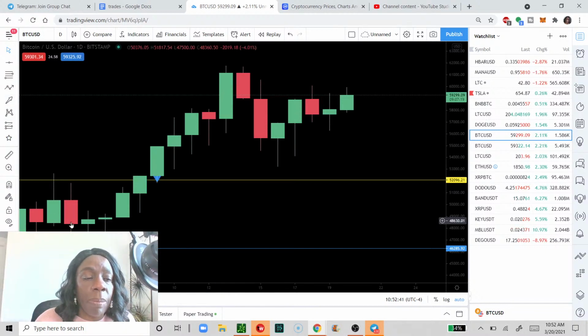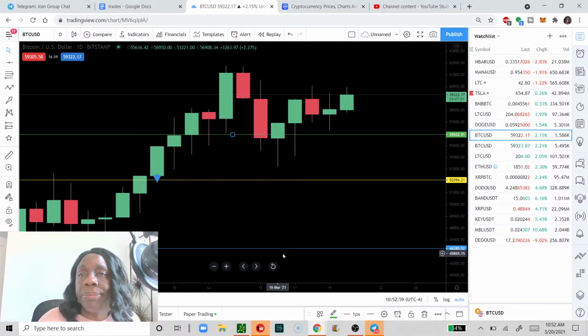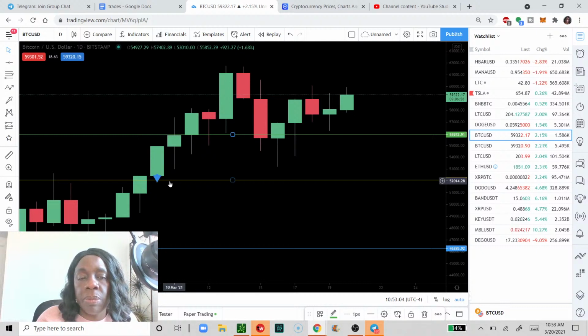If I'm using stop losses, I would need to move my stop loss up to there. So in the event that it comes back down, it throws me out of the trade and I don't lose as much as if it comes all the way down. So keep on moving your stop losses up. If you had a 5% stop loss before, when you move it up, you're now at 1%. Whichever way you figure out your stop losses, there are different ways of doing that.